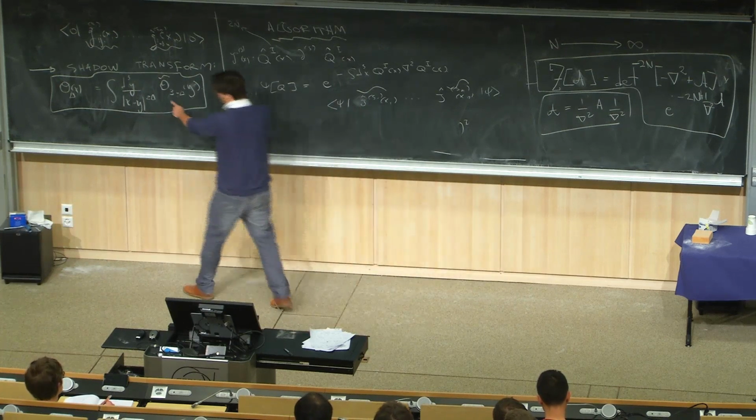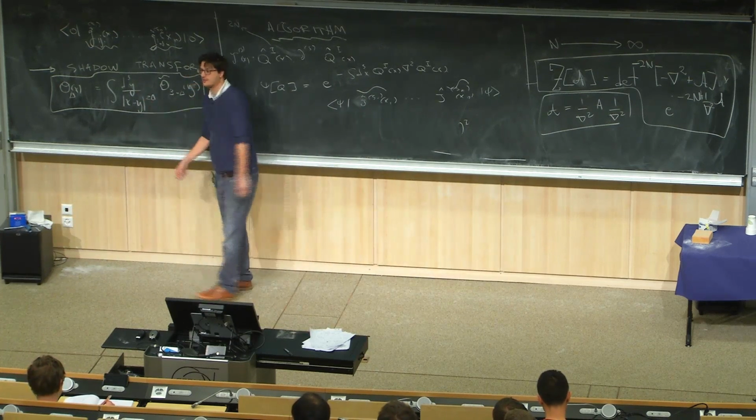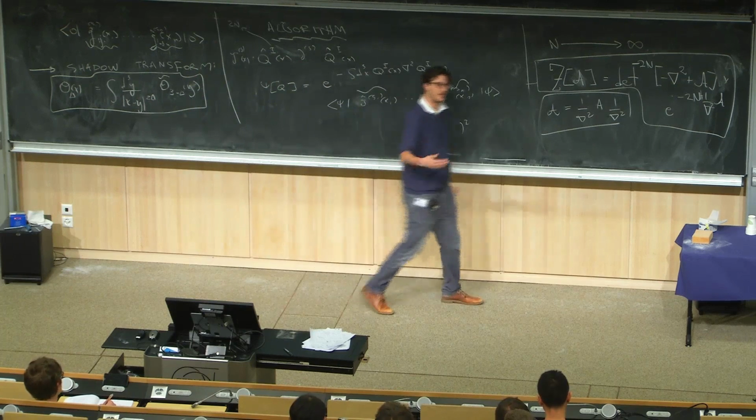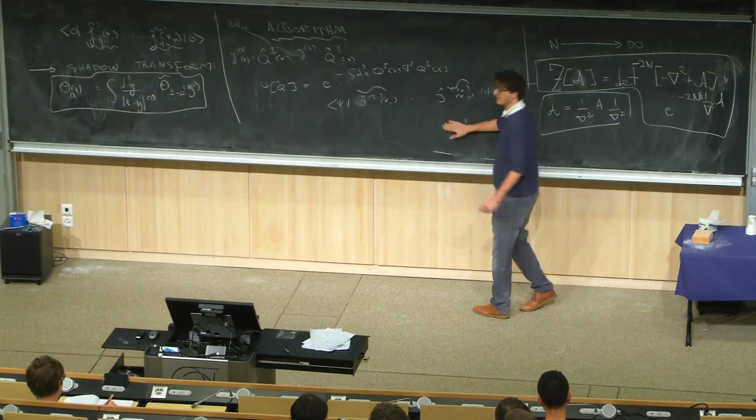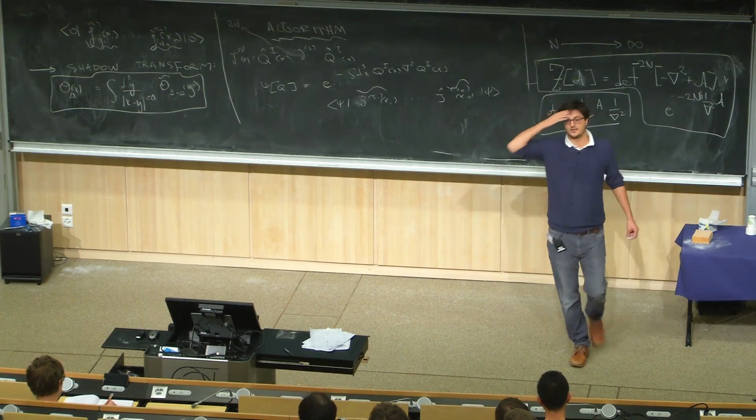So if we take the Fourier transform, you will note that our exercise shows that the shadow transform becomes very simple in momentum space. So this is more efficient to do in momentum space.